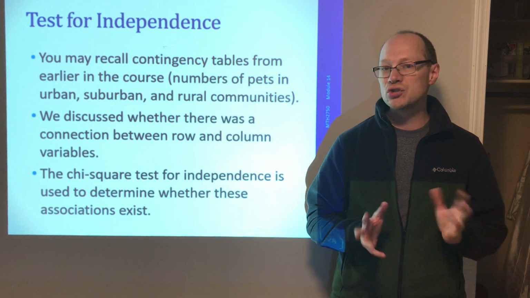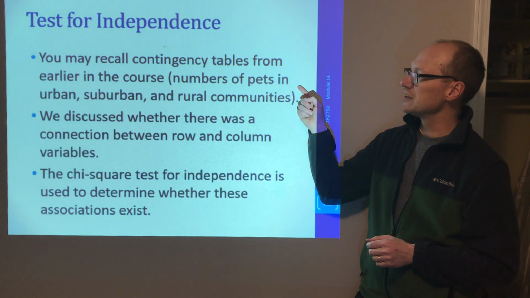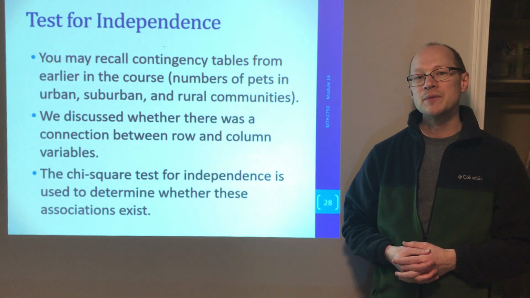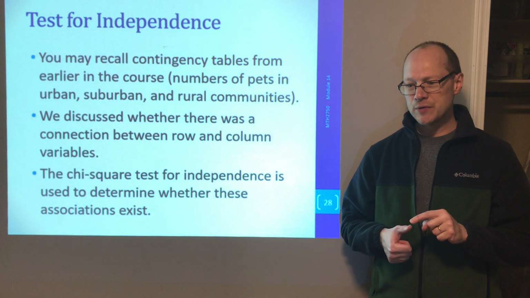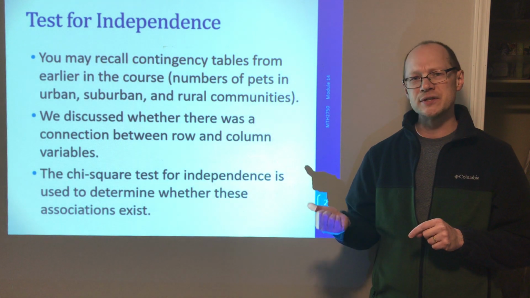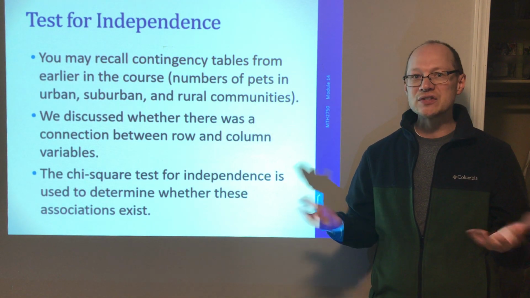Next slide. And the test for independence is talking about contingency tables and marginal frequency distributions and things. Remember the number of pets in urban, suburban, and rural communities way back in the first part of the semester, and we talked about, does it seem strange that people that live in the country seem to have 2 or more pets and people who live in the city don't? And we talked about how that made sense, right?